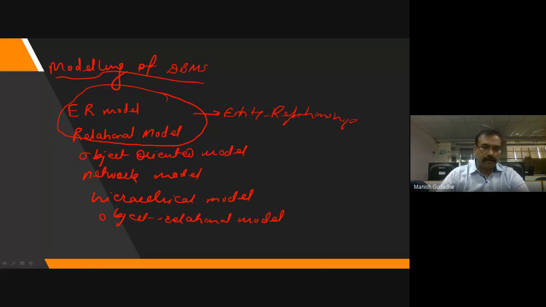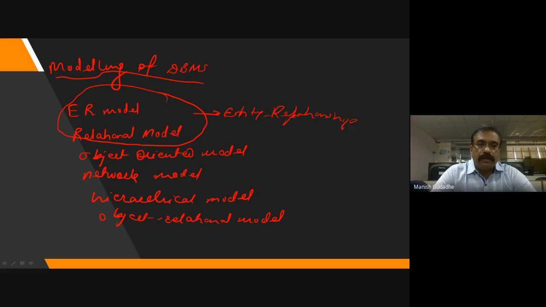In this complete discussion, we are going to concentrate only on two models, that is ER model and relational model. Object oriented, network, hierarchical and object relational model are actually modified models from these existing models. These two models are primarily taken into consideration when the database system is actually designed.